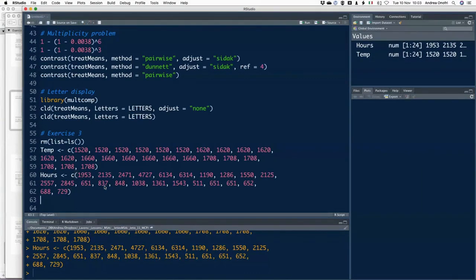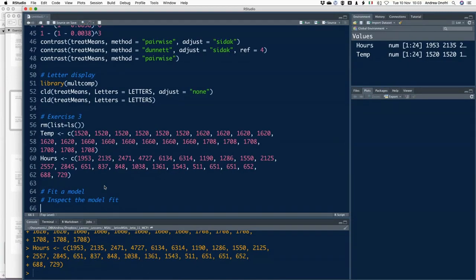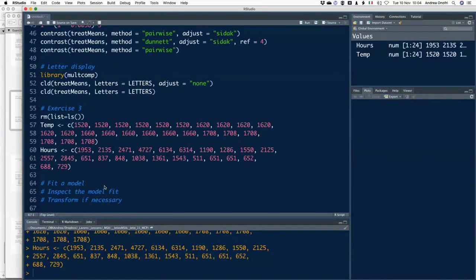So your task is to fit a model, inspect the model, third, transform if necessary, and fourth, compare the temperatures to assess the best one.